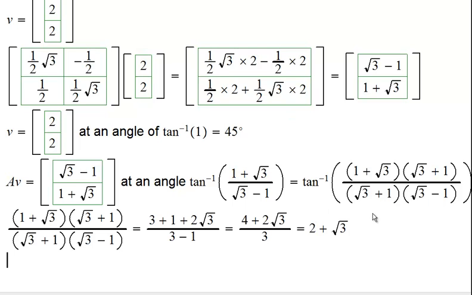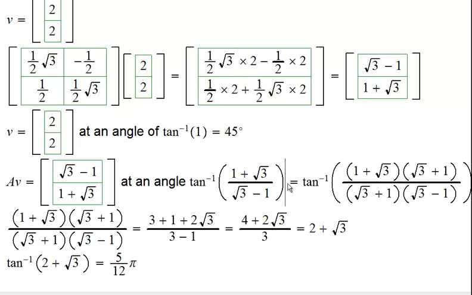Okay, let's see if it will give us an output for this. Here we go. We got tangent inverse of this equals 5 pi over 12.